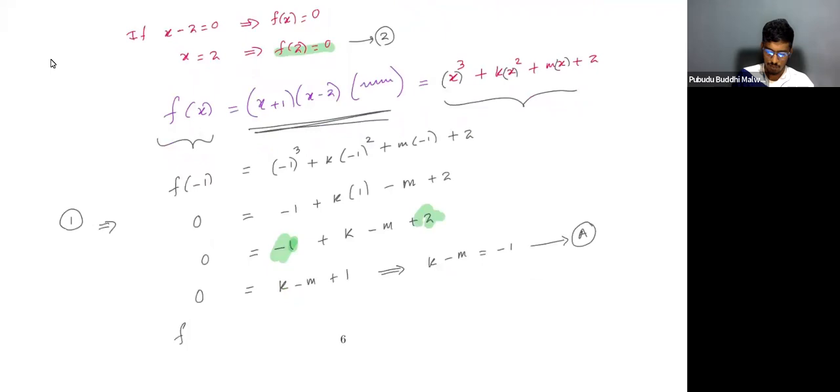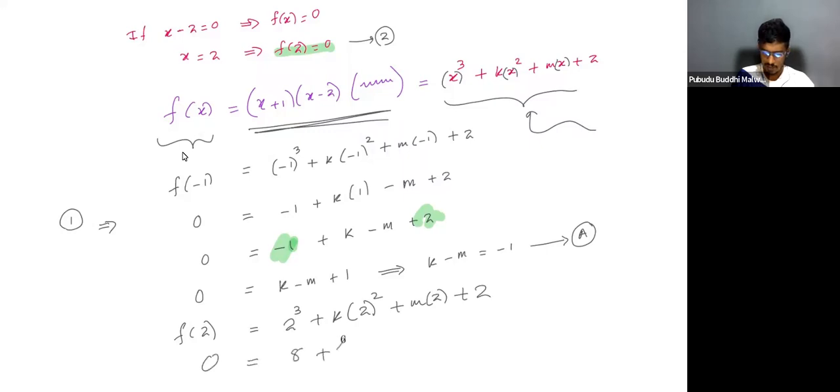So f of 2 equals, let me replace x by 2. 2 to the power of 3, like this. But f of 2 also equals 0. Same process, right? 8 plus 4k plus 2m plus 2.